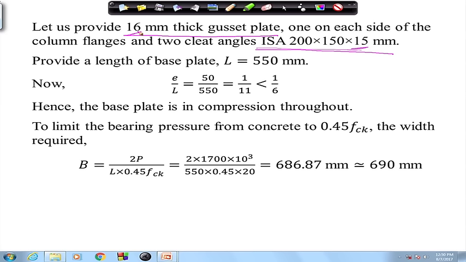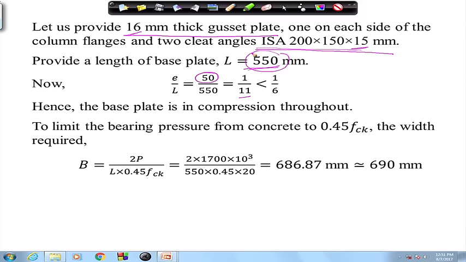Now, E by L is coming. E we calculated as M by P as 50. So, E by L we are going to get 1 by 11, assuming L as 550. Remember, here we are assuming a certain base plate length, because we do not know the base plate length, and unless we assume a certain length we cannot find E by L. So, to start with, we have started with an assumption of the length of the base plate.